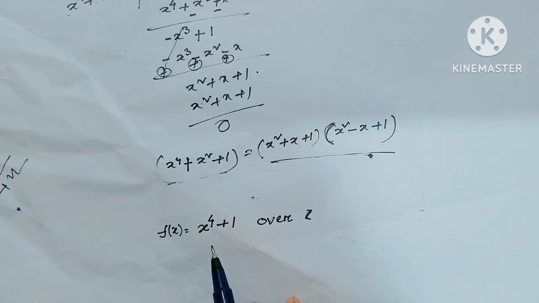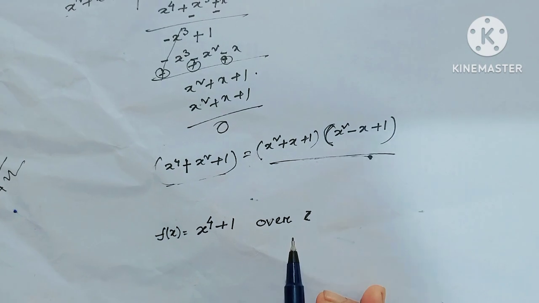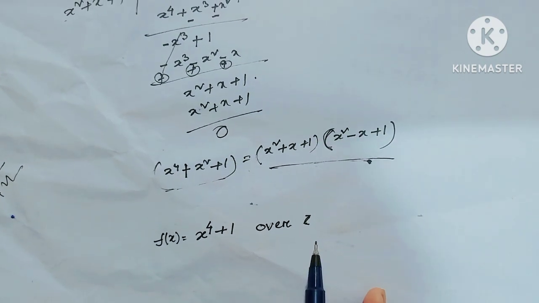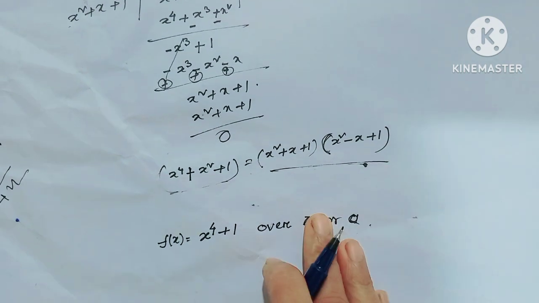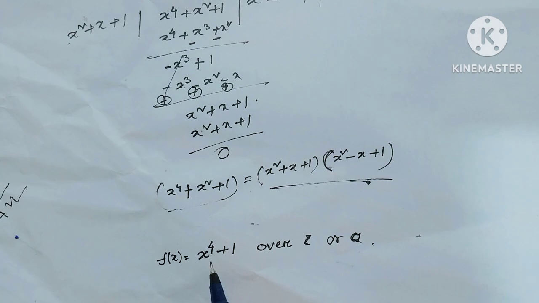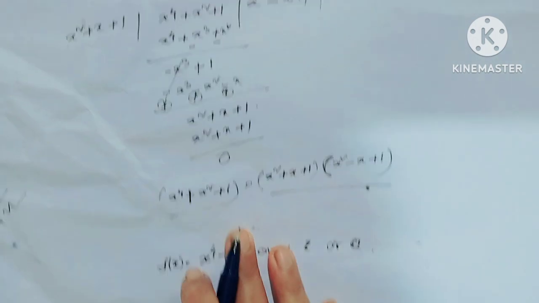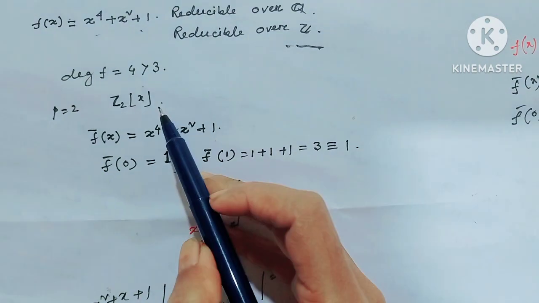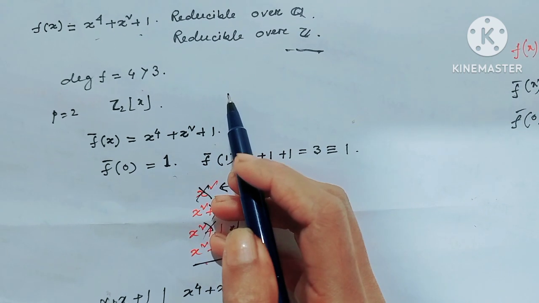Next I will see f(x) equal to x to the power 4 plus 1. Is this polynomial irreducible over Z or Q? For this, since the degree of f is 4, which is greater than 3, we cannot guarantee by the mod p test as before.